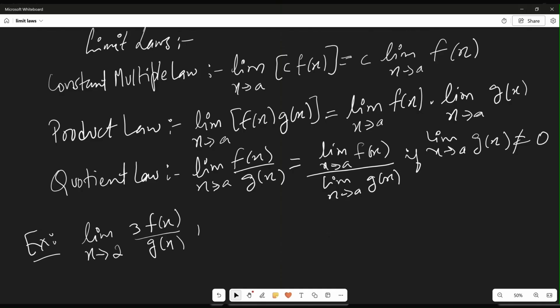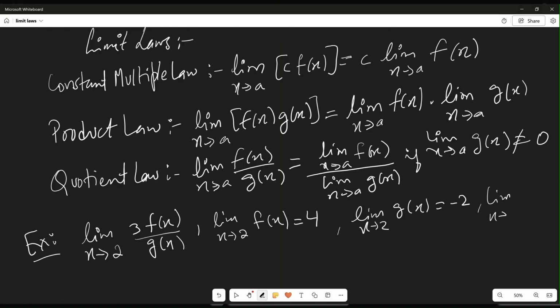And we are given that the limit as x approaches 2 of f(x) is equal to 4, the limit as x approaches 2 of g(x) is equal to negative 2, and the limit as x approaches 2 of h(x) is equal to 0.